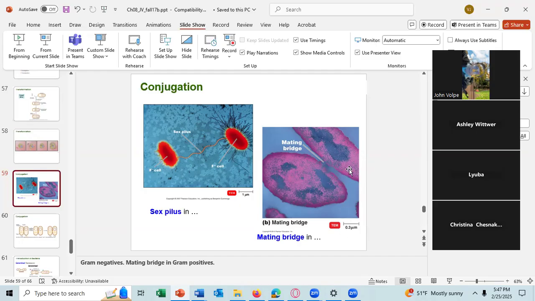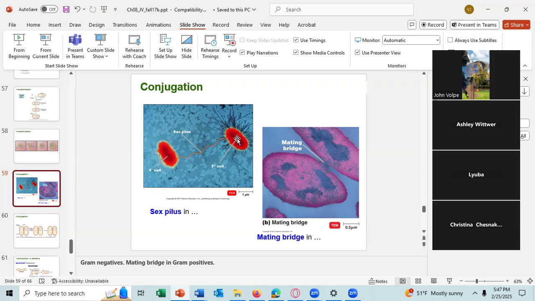And so the cytoplasm of this cell can freely mix with the cytoplasm of that cell. DNA from that cell can leave this cell and then enter that cell, or vice versa. And that is how a mating bridge allows sexual conjugation to happen, where DNA can move out of one cell and then into the other cell.